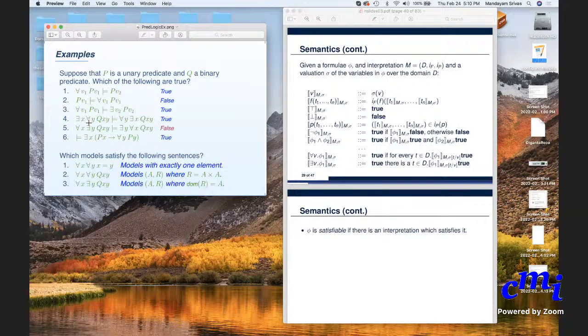But there exists only some x, not every x. That is okay. But what is this? I can always pick that x to see this y here that appears. It is deliberately confusing.